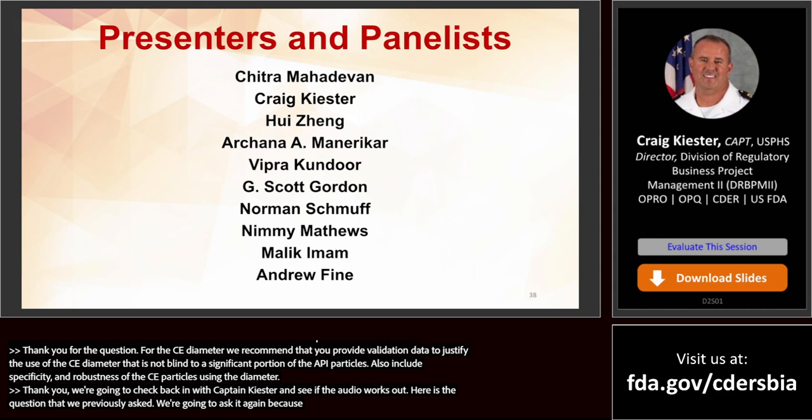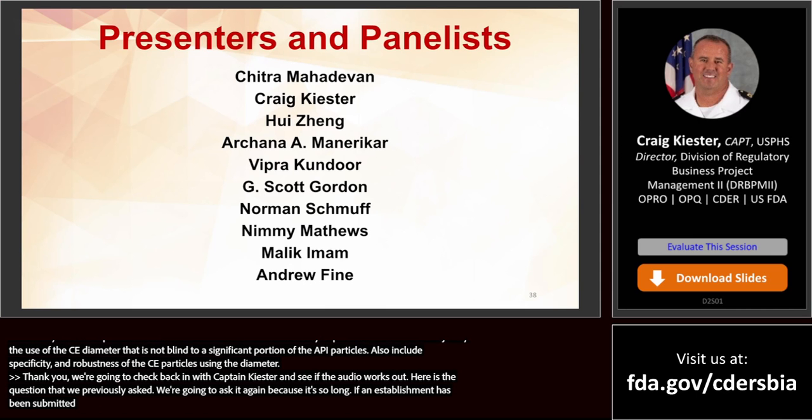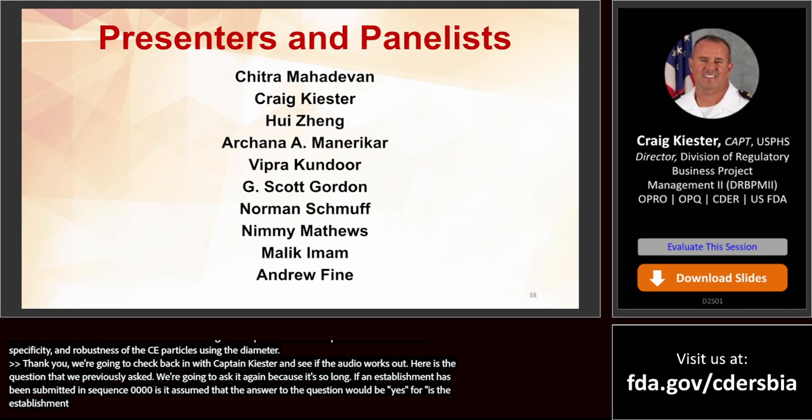If an establishment has been submitted in sequence 0000, is it assumed that the answer to the question would be yes for is the establishment new to the application, and pending for what is the status of the establishment?